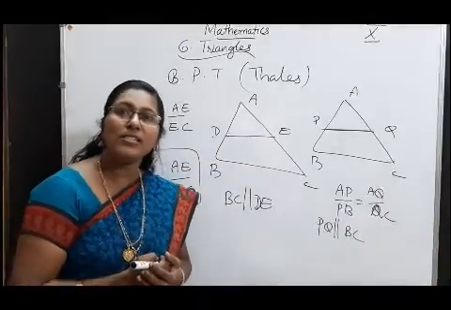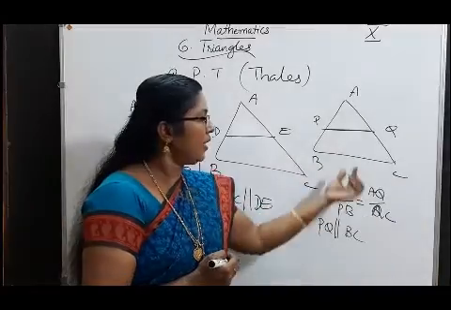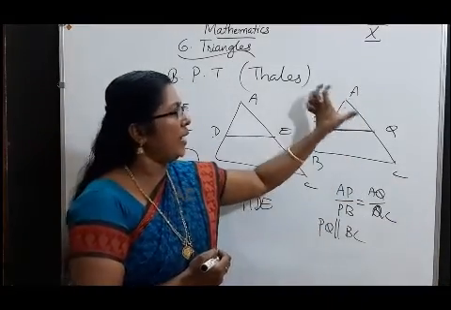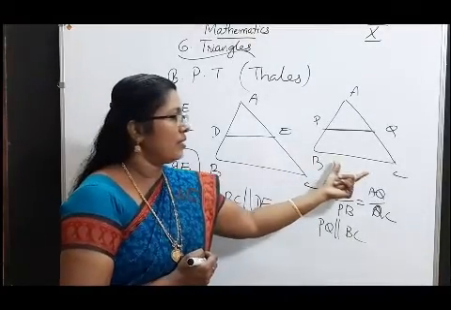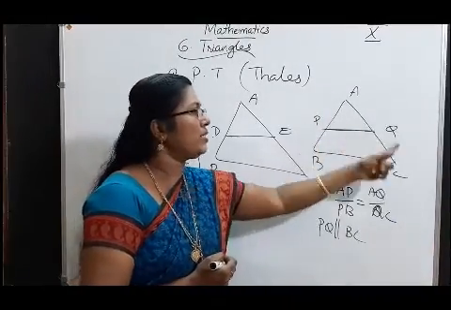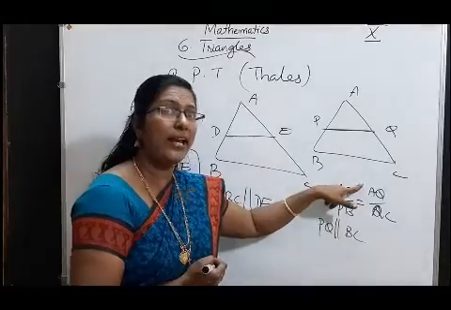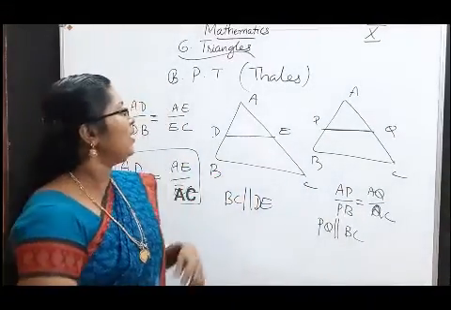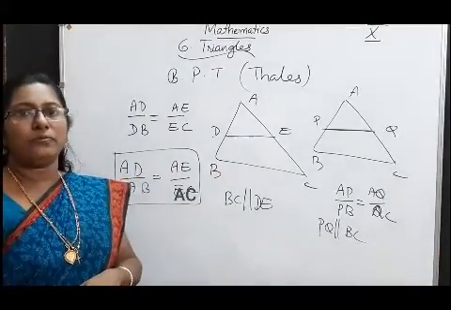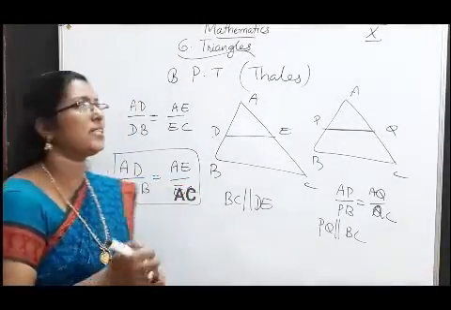The converse is: if AP by PB and AQ by QC are equal, the line intersecting at P and Q is parallel to the third side. Okay, clear? Based on these two theorems, we can solve the first exercise.